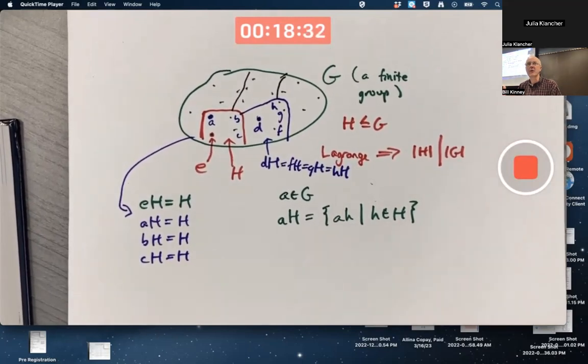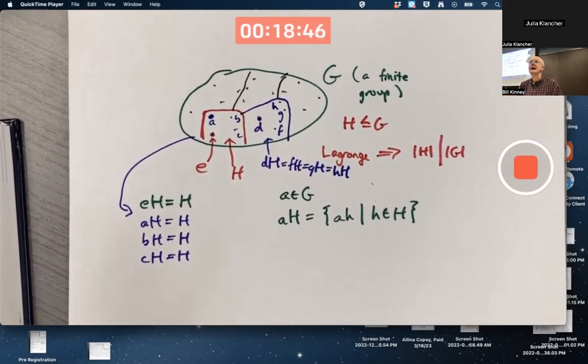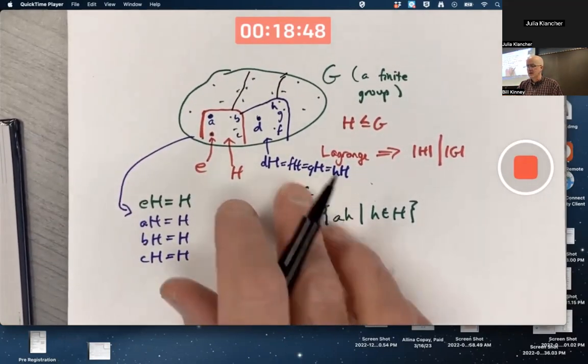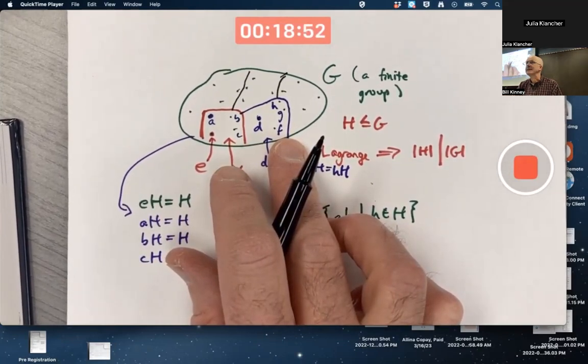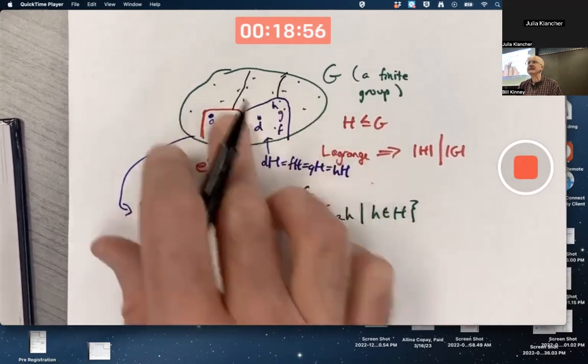And what do you know about equivalence relations and partitions? Partitions break up a set into, in this case, finitely many pieces. It actually can be infinitely many pieces if your set is infinite, that are non-overlapping. The intersection of any two of them is empty. They are disjoint, and their union is the entire set.